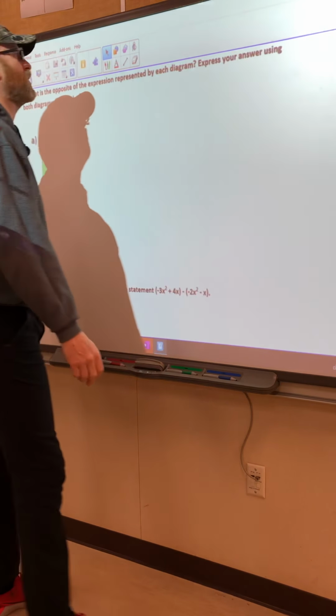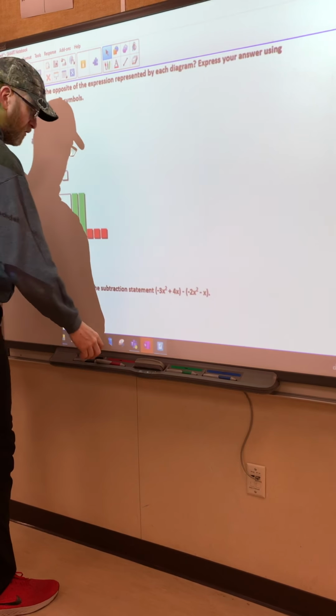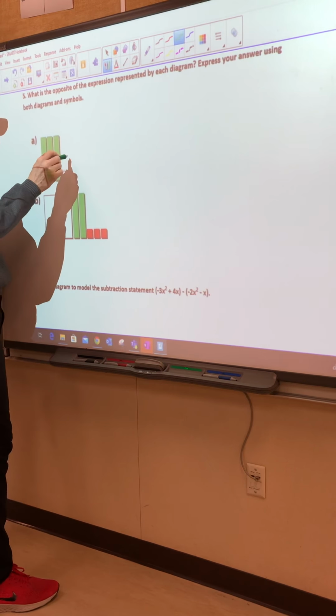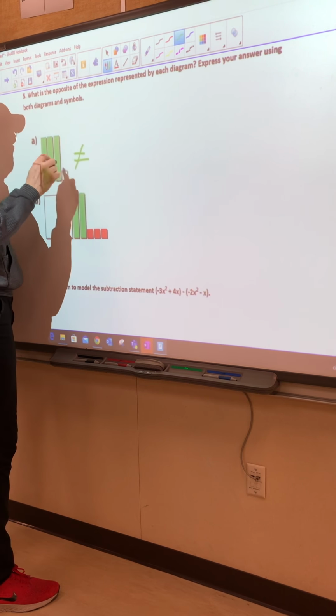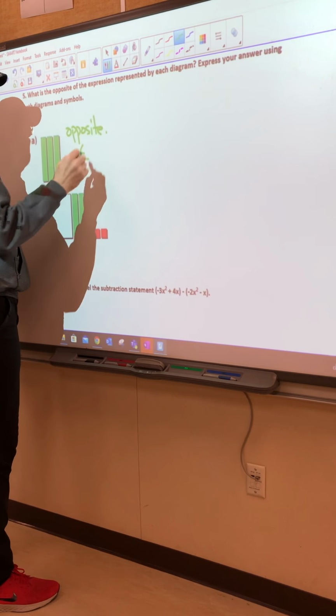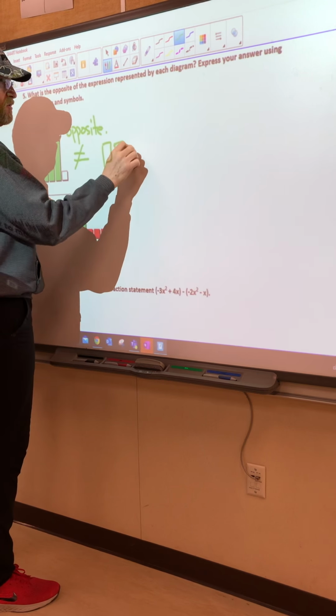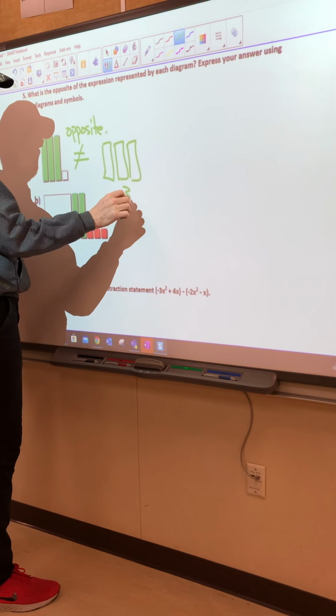What is the opposite of the expression represented by each diagram? Express your answer using both diagrams and symbols. I think we're looking for 0 pairs here again, right? So the opposite of this would be 1, 2, 3, so negative 3x.